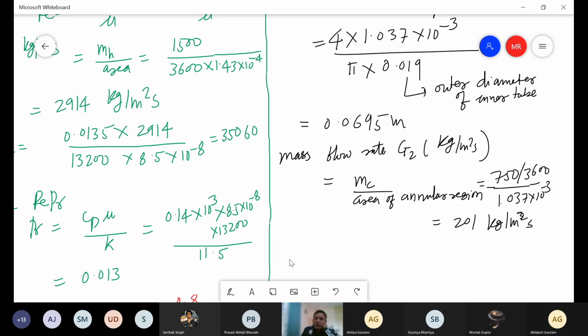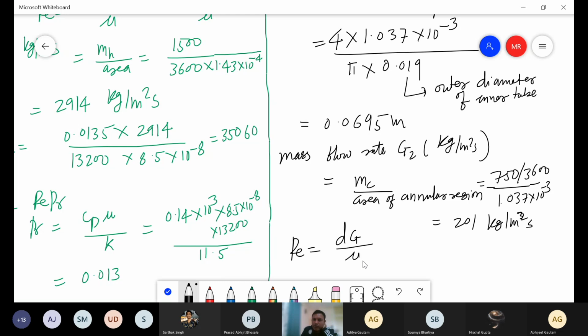Now based on this, we can calculate Reynolds number. So Reynolds number in this case again is DG by mu, isn't it? What will be D in this case? D will be the equivalent diameter. G will be G2. Mu will be mu2. So DE in this case is 0.0695 into 201. And what is the viscosity of the water given?